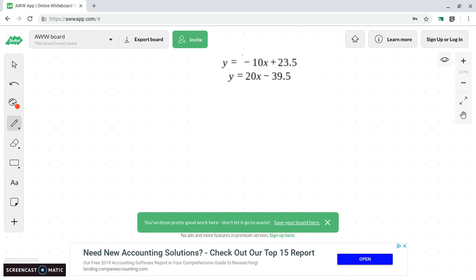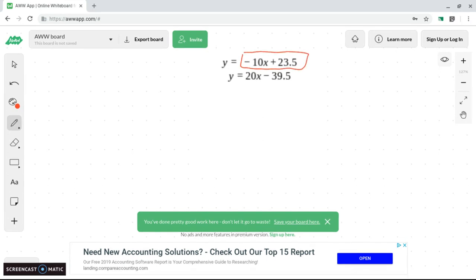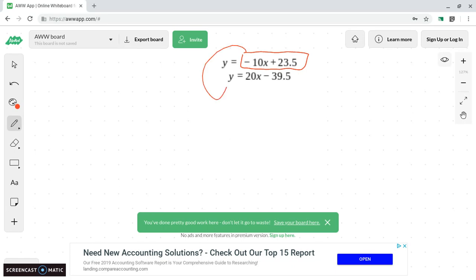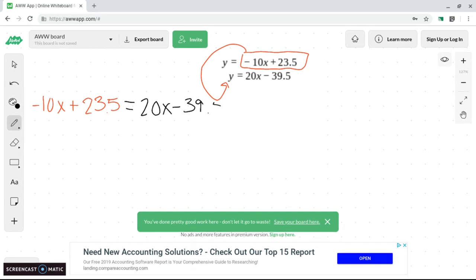We're going to put a box around the first one, and that is equal to y. So all of that is going to go in for y in the second equation. What that looks like is we have our negative 10x plus 23.5, and that's going to equal the 20x minus 39.5.